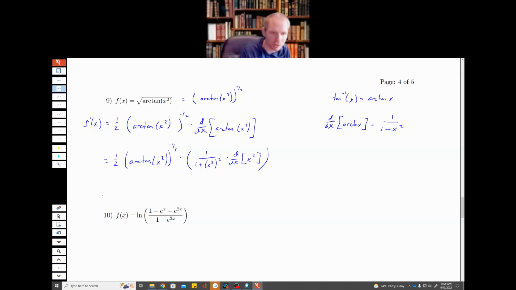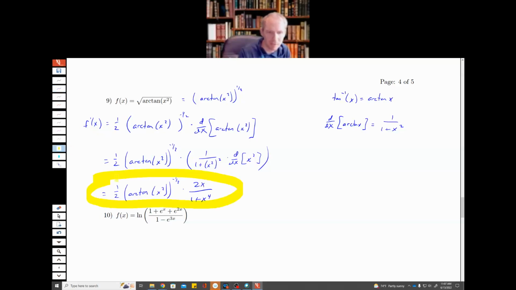Okay, and the derivative of x squared is just 2x. All right, so I'm going to just write this as 2x over 1 plus x to the 4th. Does that make sense?